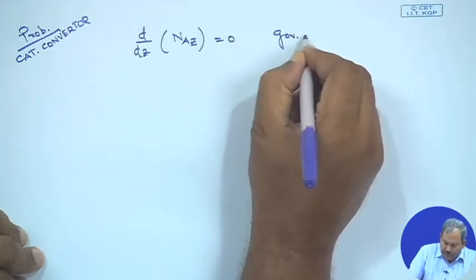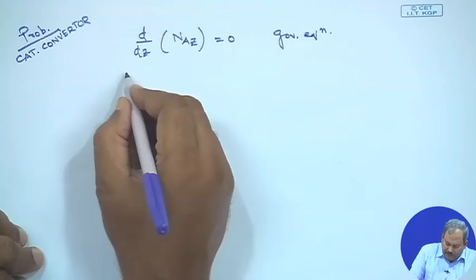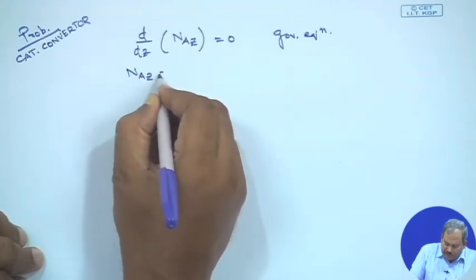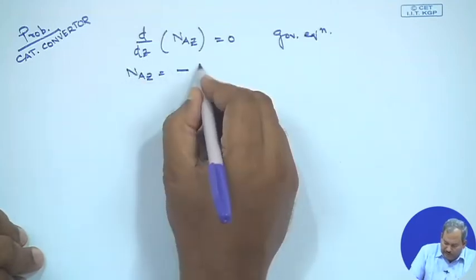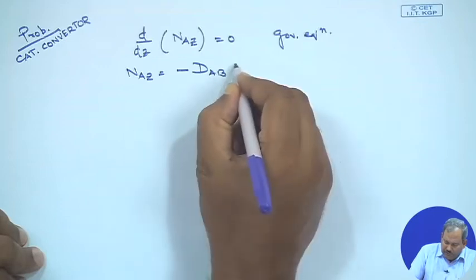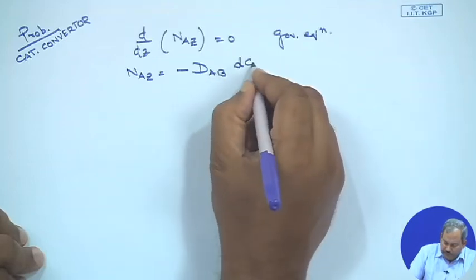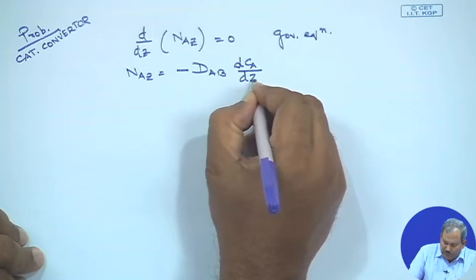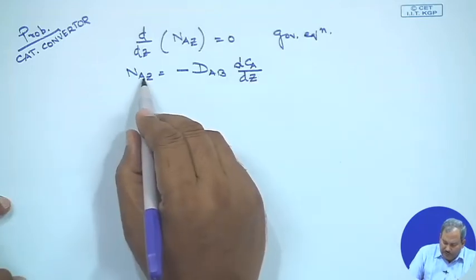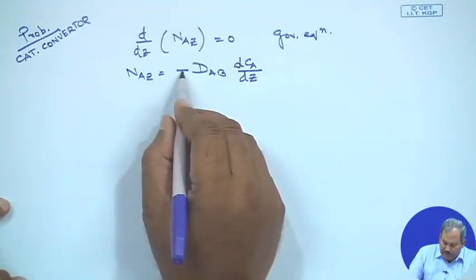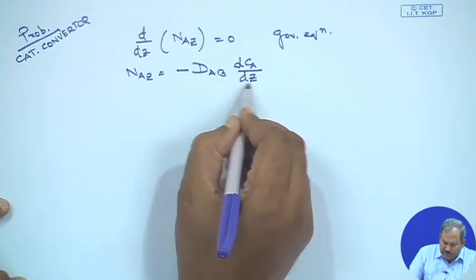This is my governing equation, and in this governing equation I have to substitute the expression for NAz from Fick's law. Since it's a diffusion only process, the flux of A in the z direction can be expressed as minus DAB dCA dz.